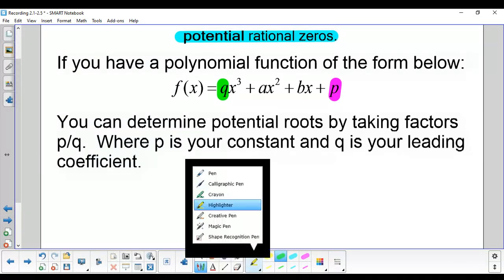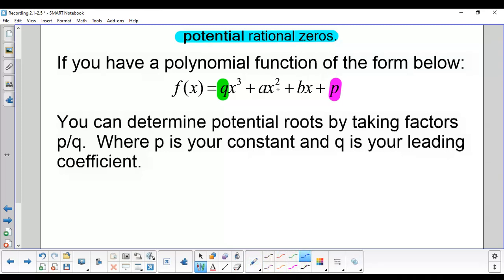And so what we do is we take those two numbers, and we would have p divided by q, and you would take all factors of p and divide them by all factors of q.